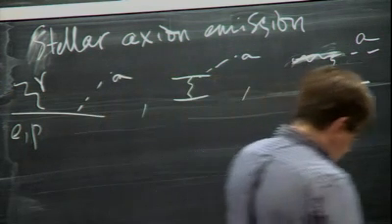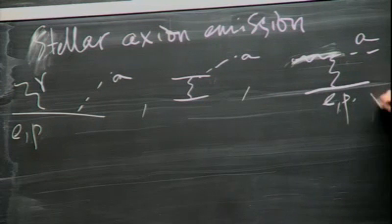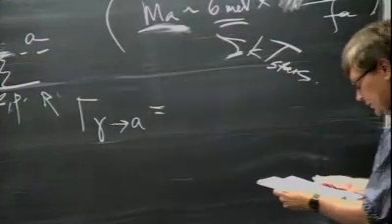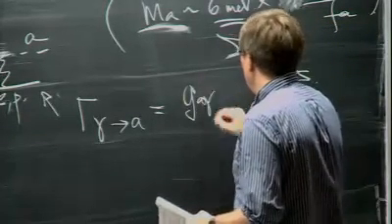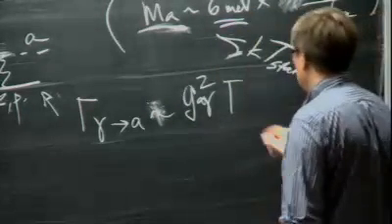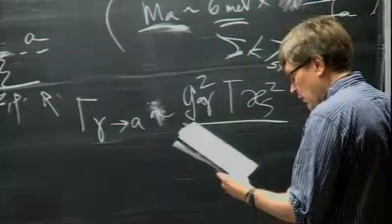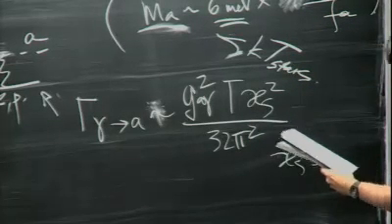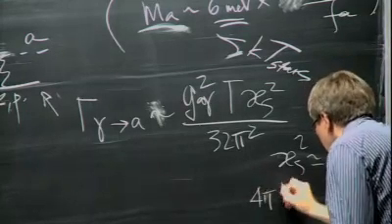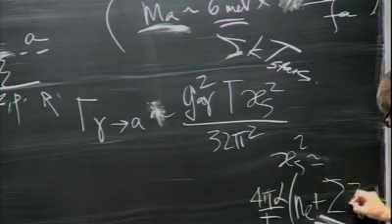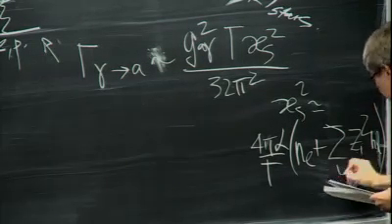leads to the additional energy losses, and this Primakoff type process in particular gives the probability of gamma converting to an axion scaling as g_{a gamma} squared, let me just put proportional, times T times kappa_s squared over 32 pi squared, and kappa_s is defined as pretty much 4 pi alpha over T times the number densities of electrons times the number densities of nuclei weighted with their charges.